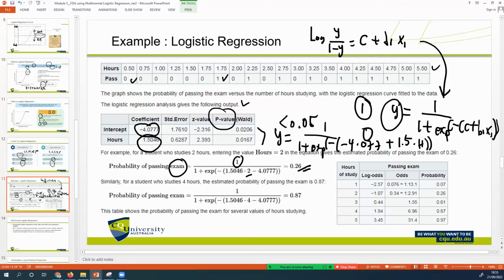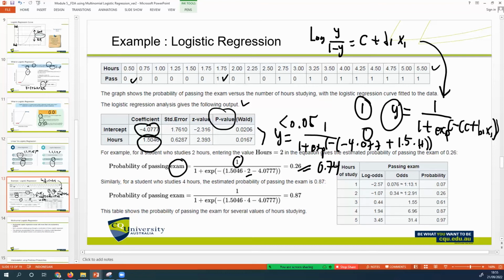What is the probability of failing? If the probability of passing the exam is 0.26, what is the probability of failing the exam? Anybody can answer? Yes, 0.74.